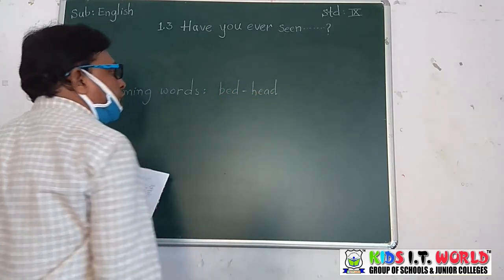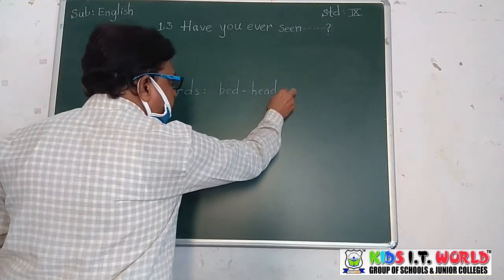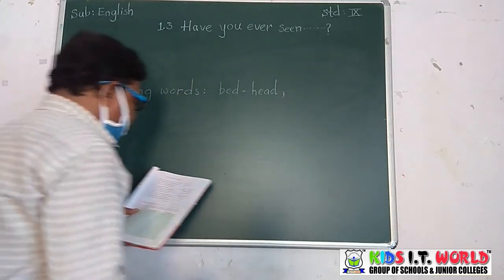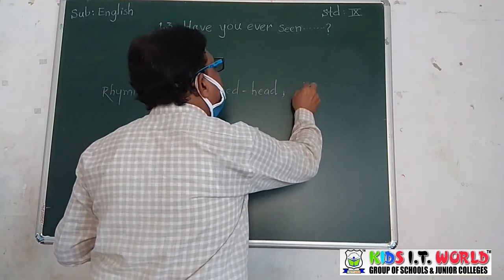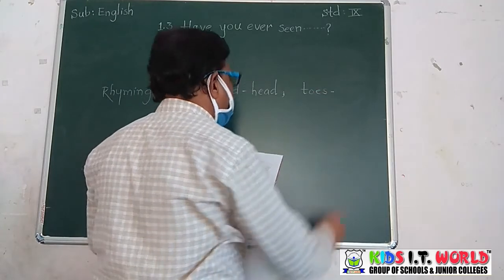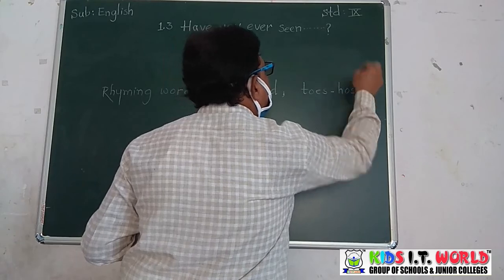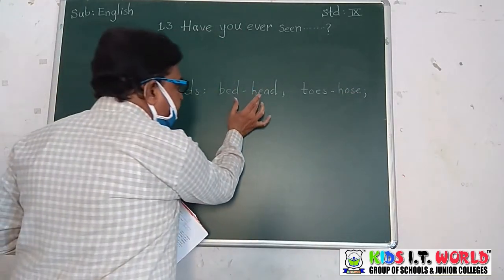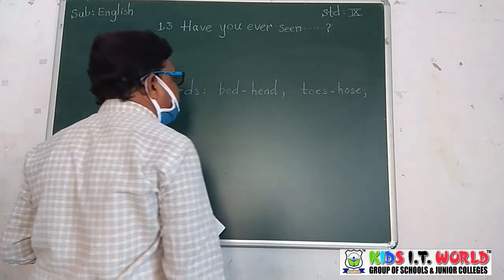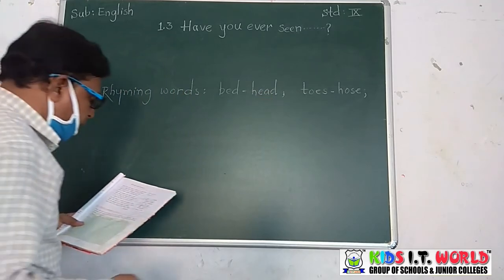So this way you write the rhyme scheme. Bed, head, hyphen is given, and then a semicolon. Then put a little distance, and then toes, hose. Again a semicolon. These are called rhyming pairs. In the exam you are told to write rhyming pairs.